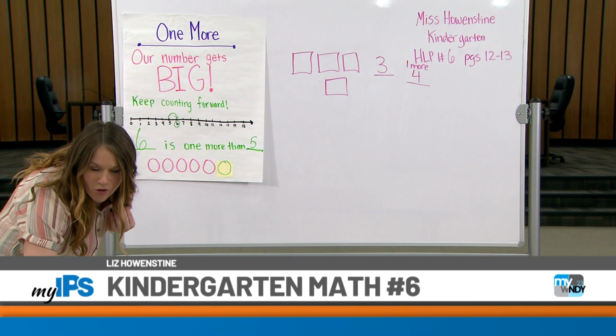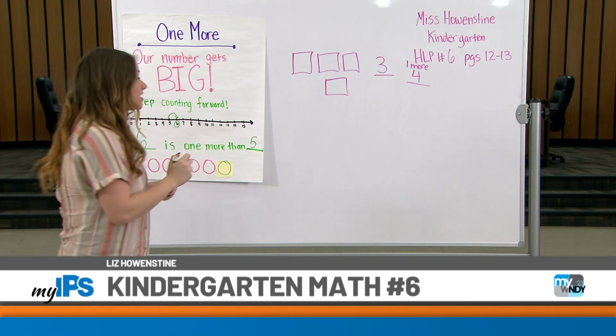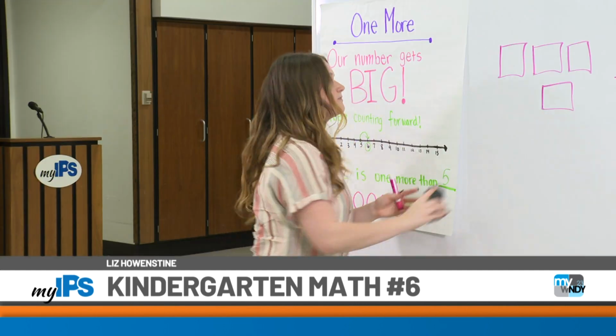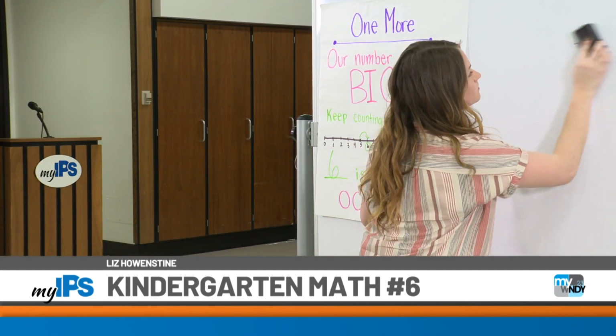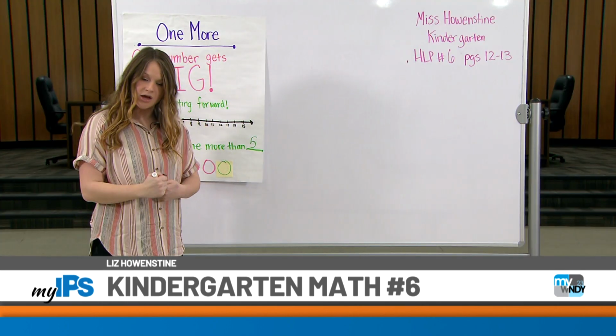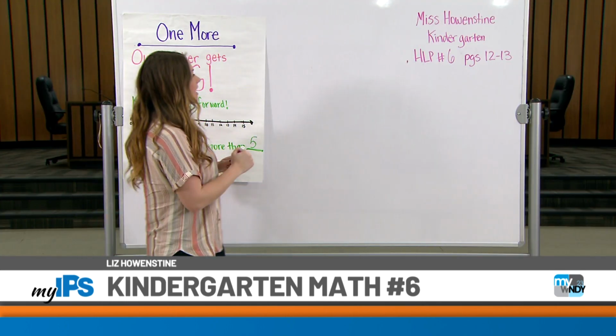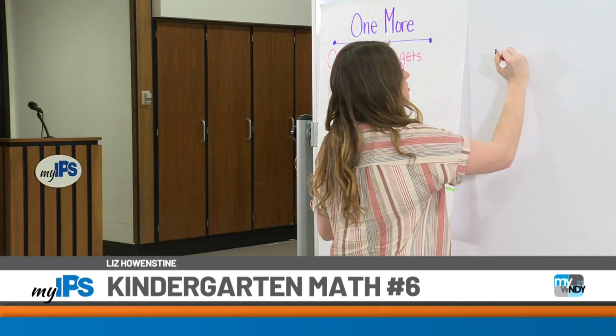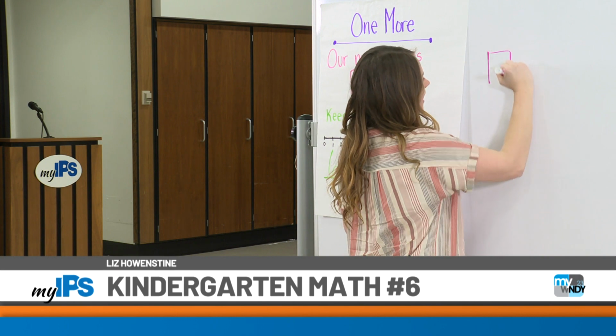All right, now on page 13, it's going to look a little different. So you are going to have a dog, and it has a number in it. So I am just going to draw a square that has a number in it.